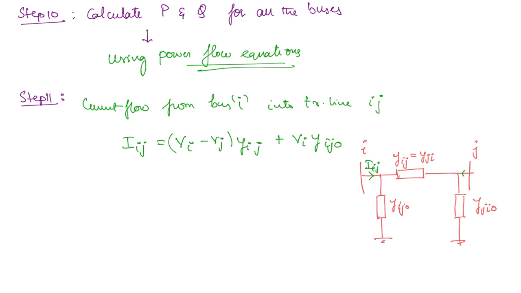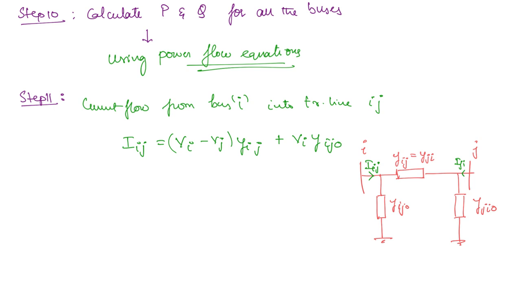In the same manner, if you take the current I_ji, this also you can find as the sum of this current and this current. The expressions will be slightly different. Here you have written V_i minus V_j, but if you are taking it in this direction, it will be V_j minus V_i into Y_ji.